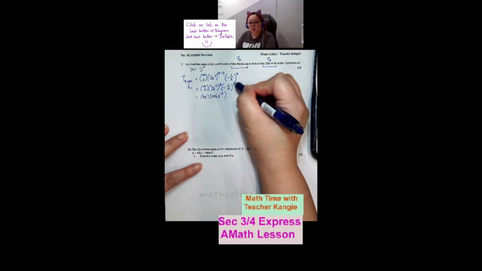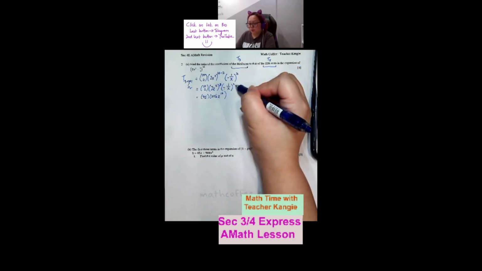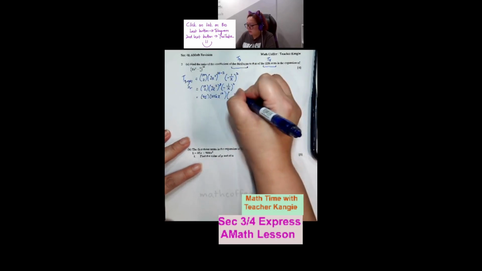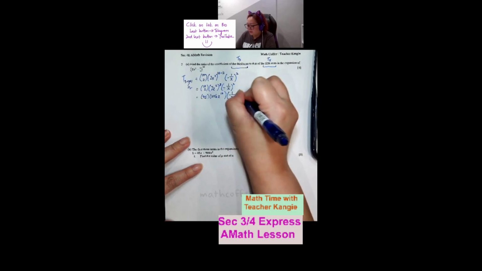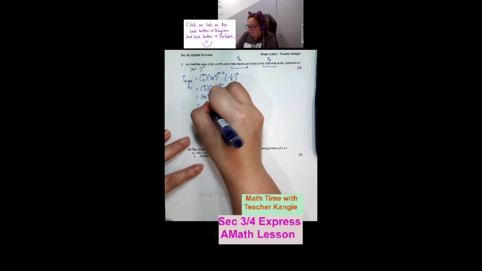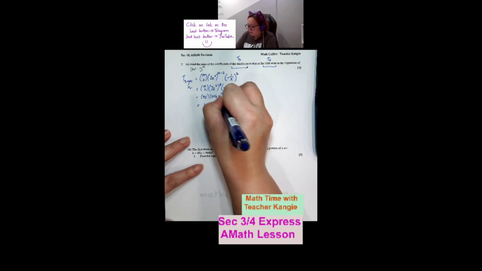Negative to the power of 2 is positive, so I don't have any more negative here. This one will just be 1 over x squared. When I simplify, I get 11520 x to the power of 14.